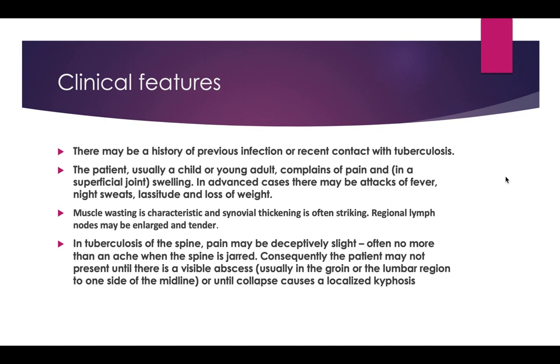In TB of the spine, pain may be deceptively slight. Often no more than an ache, and the spine is jarred. Consequently, the patient may not present until there is a visible abscess, usually in the groin or lumbar region, or sometimes even in the inguinal region, and this is what we call Pott's disease.